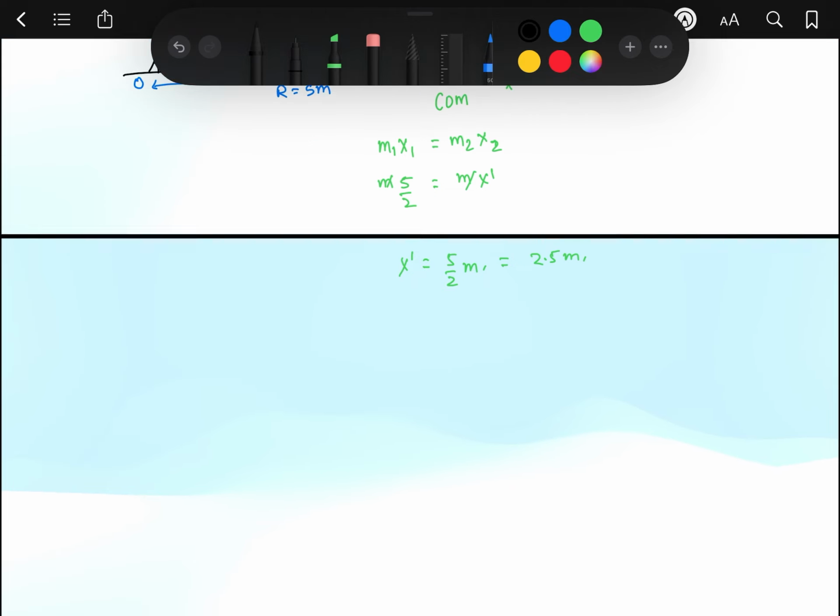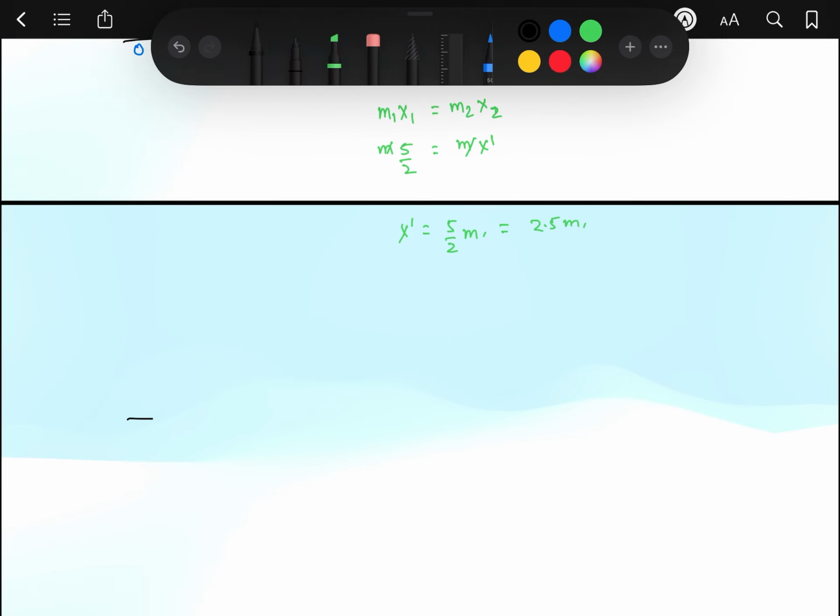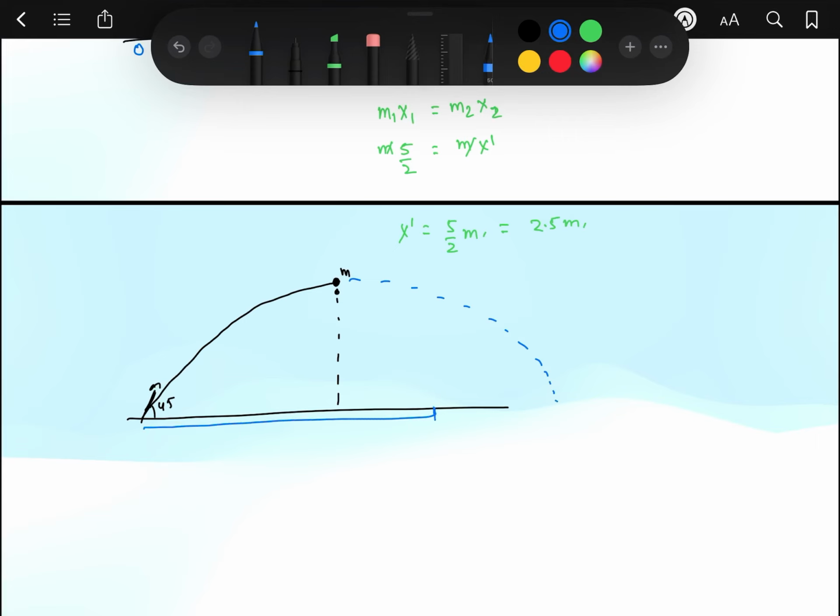So the range of this projectile, this projectile was being projected at an angle 45 degree, and at this highest point it was split into two parts. One m and the other m was falling like this. So this m will be falling at a distance like this was the range, and this was the extra distance it traveled, that is 2.5 meter, and this was 5 meter.